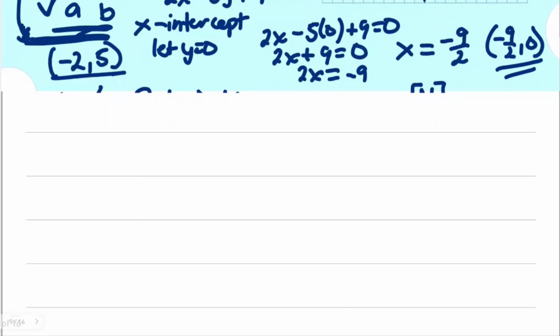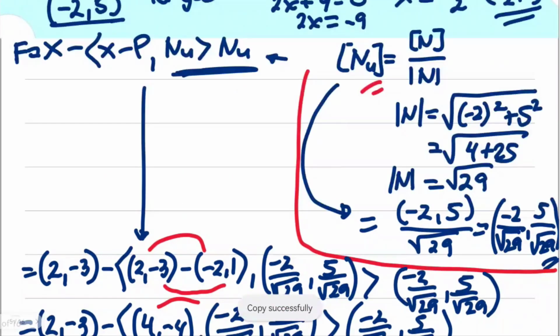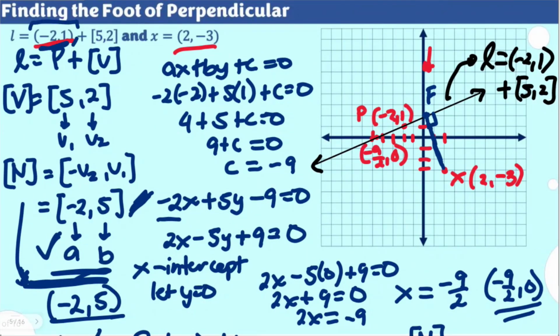To be more specific, if you would like to use decimal notation, the first result, 2 divided by 29, is approximately 0.07, rounding it off to 2 decimal places. This is not exact, just an approximation. 53 divided by 29 is actually 1.83, still approximation. We're doing this because you would like to really see the possibility of our assumed foot earlier in our graph to be near exact.